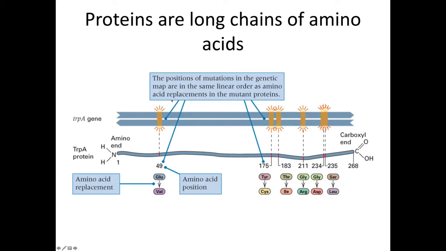So just to remind you, continuing on this point, proteins are long chains of amino acids. Here we have a DNA sequence, which encodes for an mRNA, and after translation, it will code for a protein.